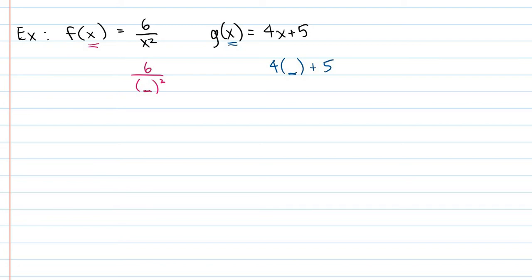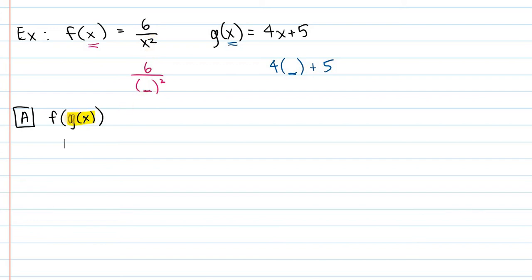So if I ask you for f of g of x, what that means is that I want you to put this g of x function into the f of x equation as a replacement for x.